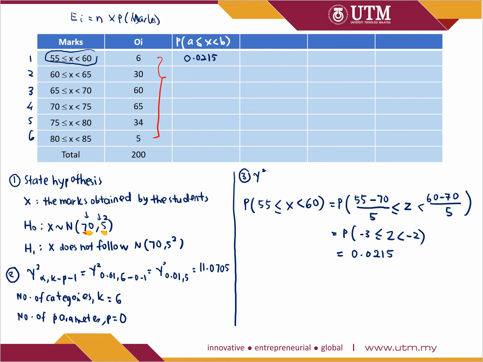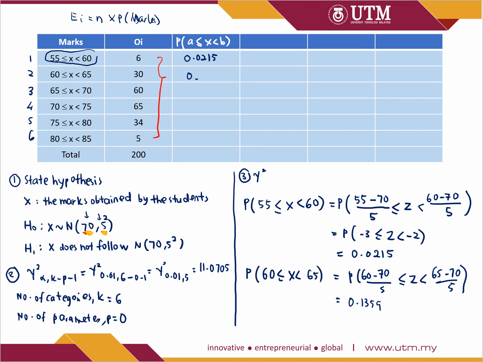Next, for the second category, from 60 to 65, it will be the probability of 60 minus 70 over 5, to 65 minus 70 over 5, and you will get the answer, which is 0.1359.